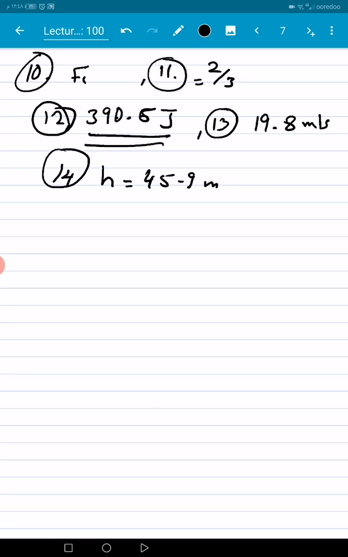Number B, let's say number B, or the first part. Second part, 25 meters per second, it is the V, and you can check it.